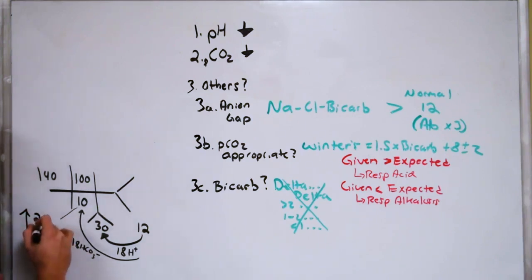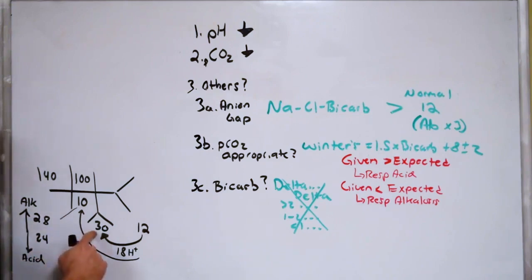If you have too many bicarbs from 24, you have an alkalosis. If you have too few bicarbs from 24, you have an acidosis. So in this example, even though we have a very large anion gap, we started off with a metabolic alkalosis. So this would be represented as anion gap acidosis with metabolic alkalosis.